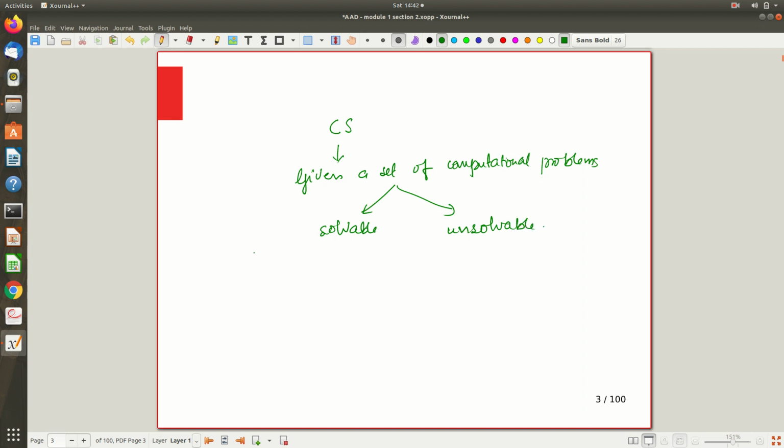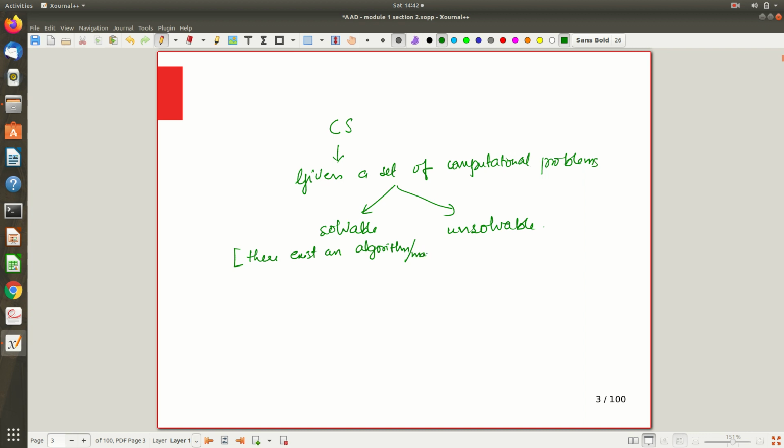So what do you mean by a solvable problem? Solvable means there exists an algorithm, right? An algorithm is basically some kind of mapping from the input to output.